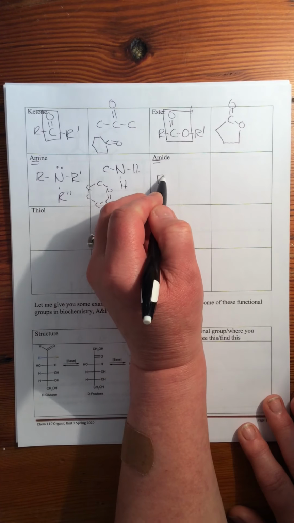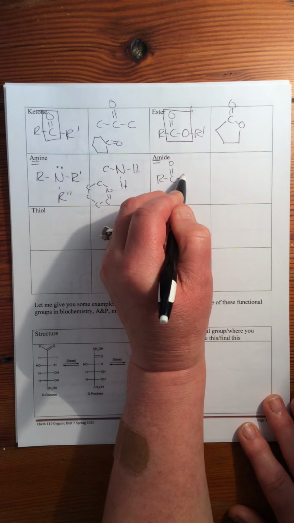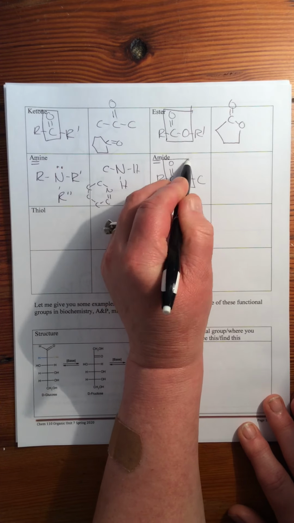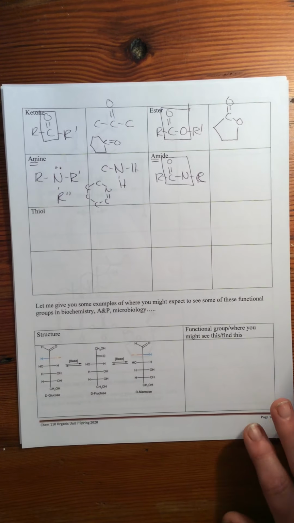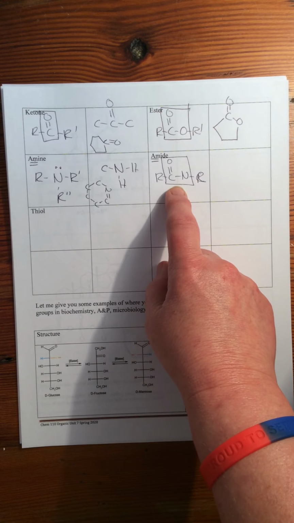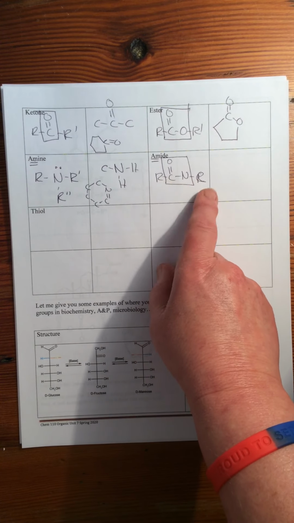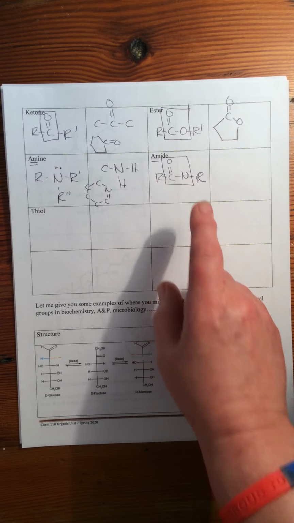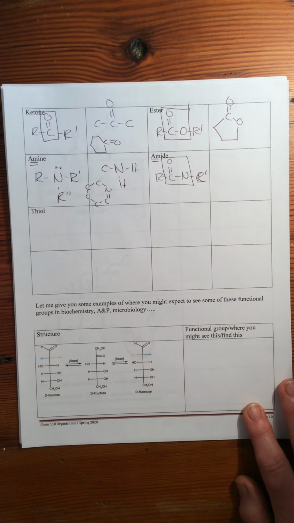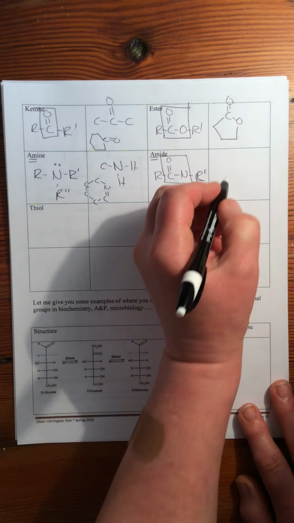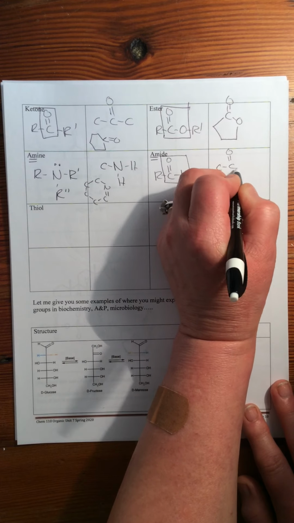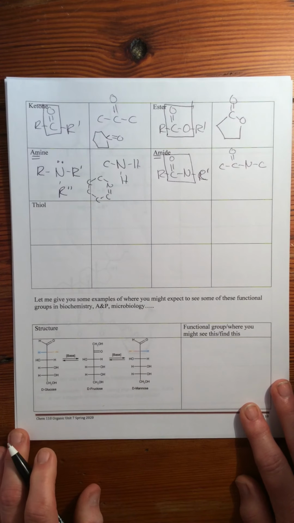Amides are very similar. Okay, so here's the amide functional group, and as long as we've got a couple carbons on there, they can be the same, they can be different. We have what we call an amide. So an example would be that.